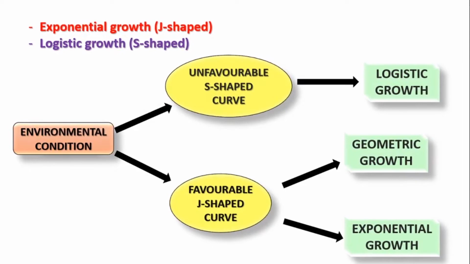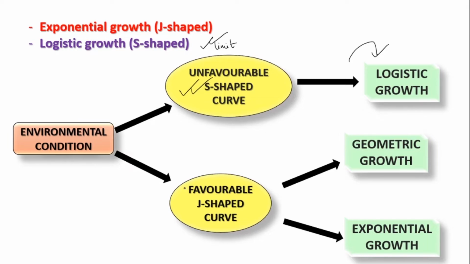The environmental conditions may affect the livelihood of any living organism. So environmental factors also have influence on the population growth pattern. If the environmental factors limit the population growth, the population will show a logistic kind of growth pattern, and this kind of growth pattern shows an S-shaped or sigmoidal growth curve.